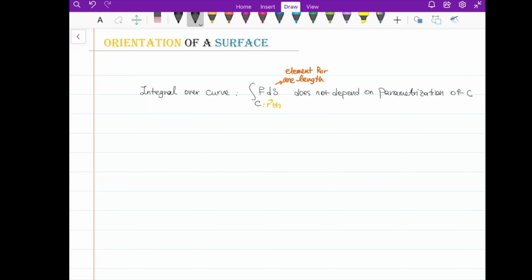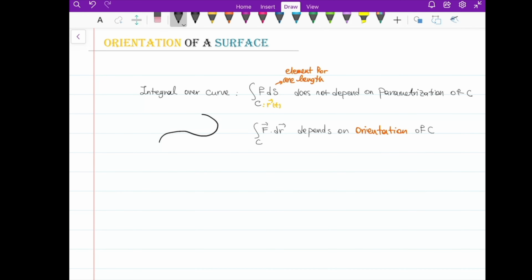But if we take the integral of a vector field over the curve C, it doesn't depend on the parameterization of C, but it depends on the orientation of C. Well, what is an orientation of a curve?